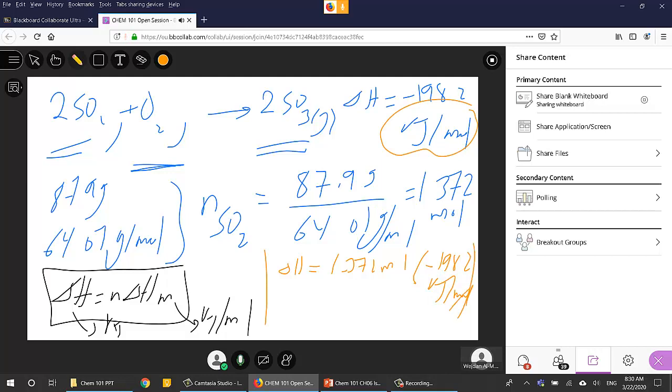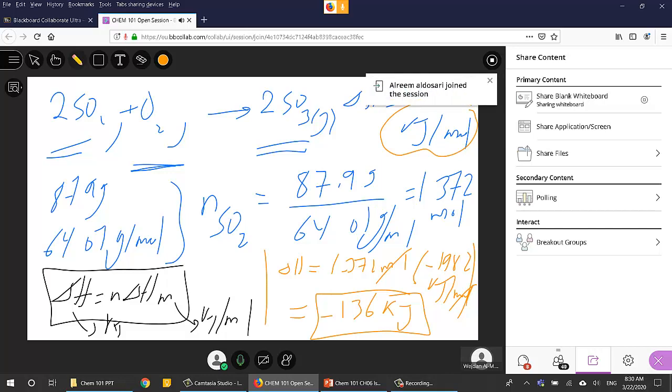So you see here the mole cancels with the mole, and you just multiply these numbers. You multiply minus 198.2 times 1.372, and the answer will be minus 136 kilojoule. So the answer is minus 136 kilojoule, not kilojoule per mole, okay? Sorry for the bad writing, but this is how you do it.